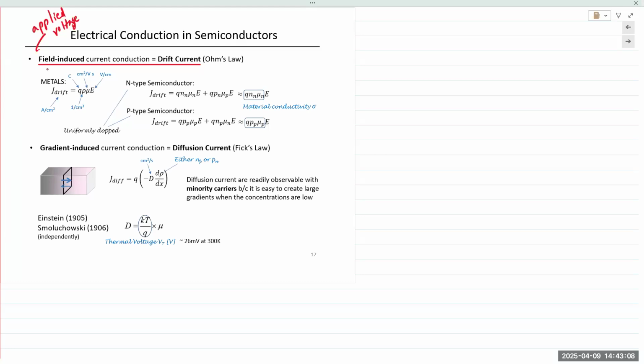The second mechanism for current flow is introduced due to the gradient that occurs because of the doping profile. So if we take a bunch of atoms and introduce them into our silicon wafer, the concentration is not going to be uniform.